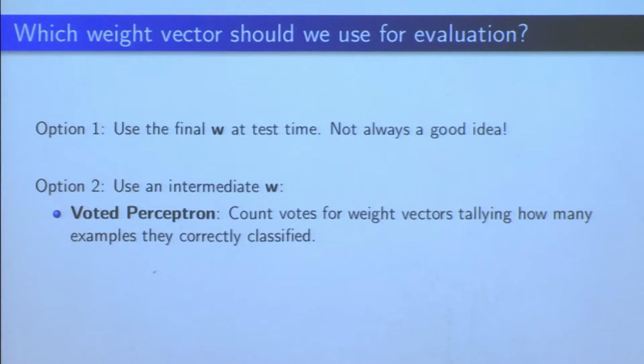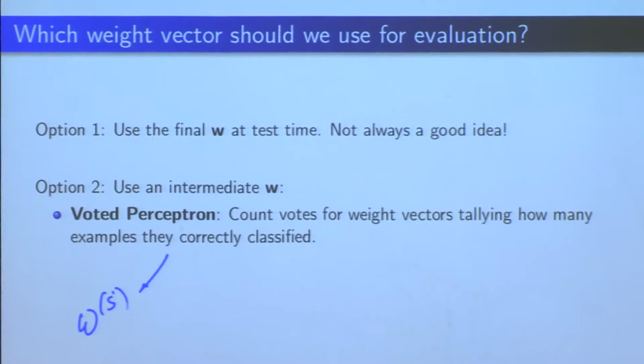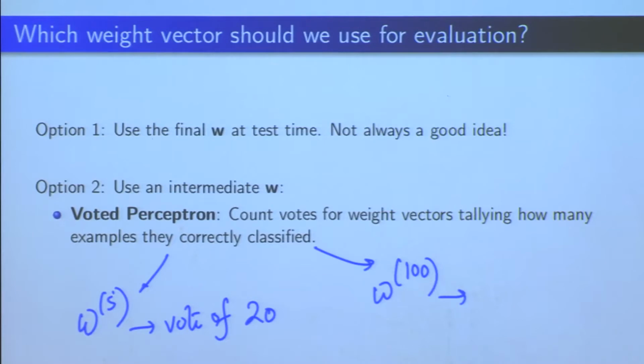You could have gone through multiple iterations, and W5 could have a vote of 20 examples, as against W100 having a vote of 21 examples.